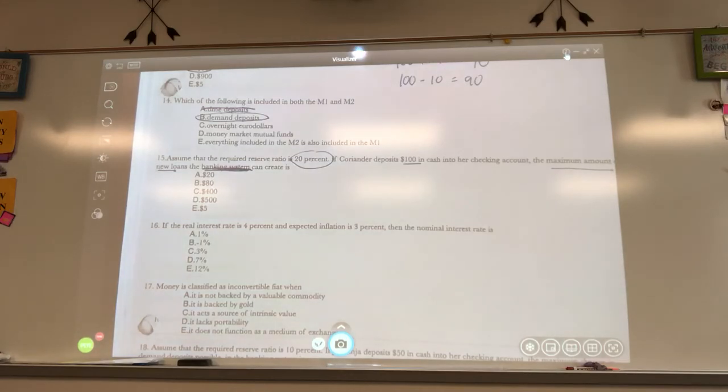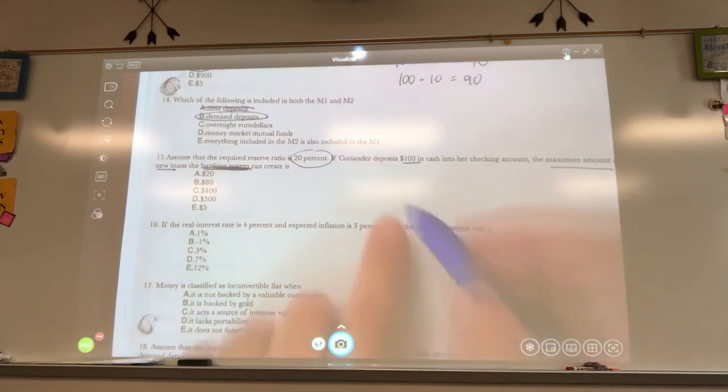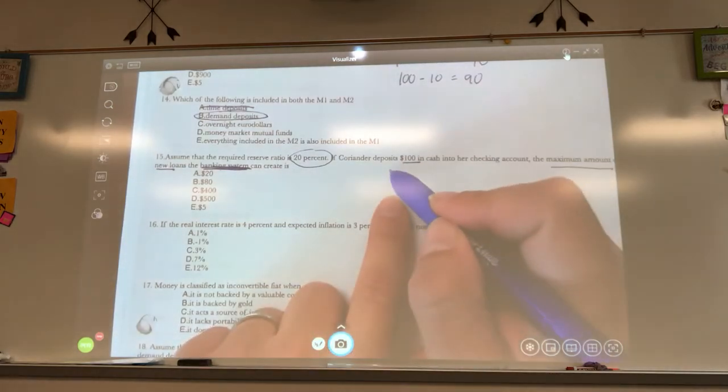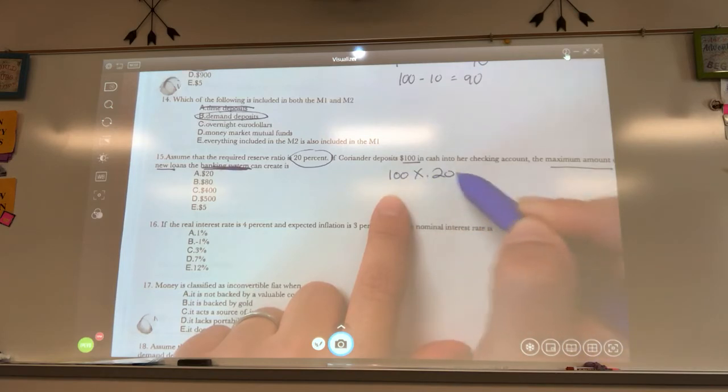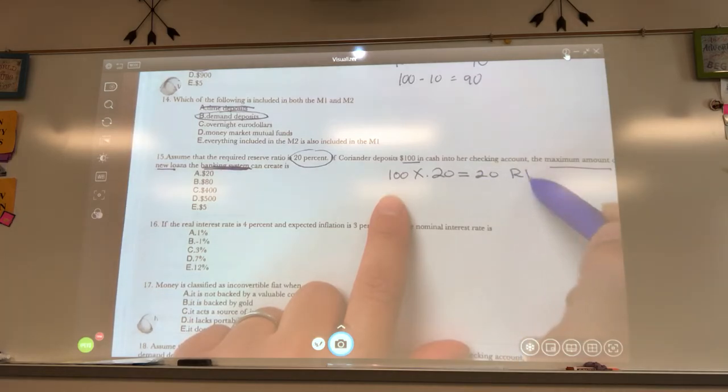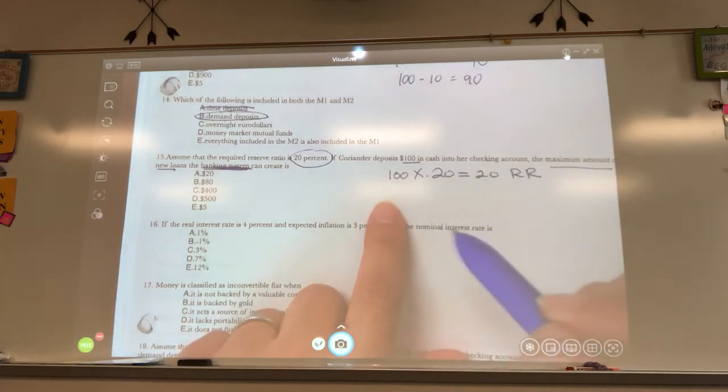Do I just want excess reserves on this one? I want total expansion. So what's the first thing I have to do? The 100 times 0.20 gives me what? 20, and this is my required reserves. What do I do next?